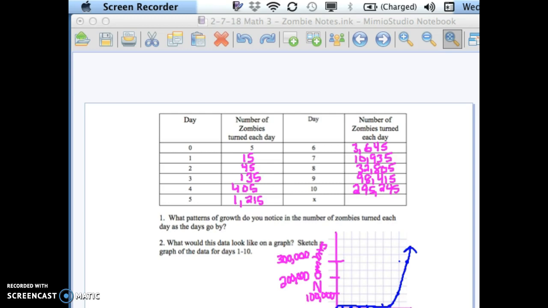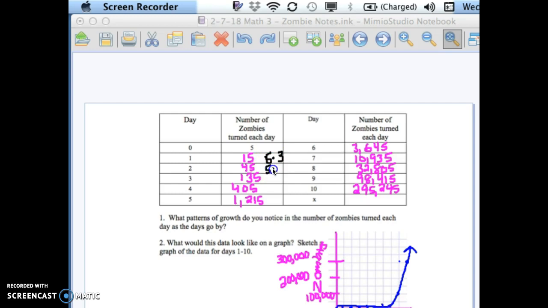We're taking our day, and we really didn't have anything here. Each time, if you wanted to look, I started with 5, and here I multiplied by 3 once.